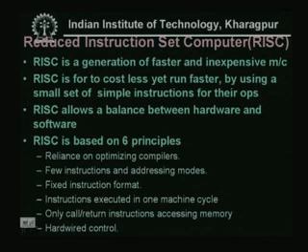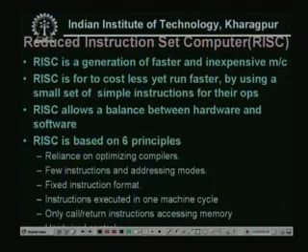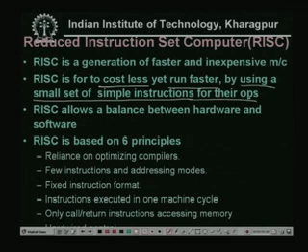This we can define as: RISC is a generation of faster and inexpensive machine. The main concept, the basic principle for the evolution of RISC, is that RISC is meant to cost less yet run faster. Now, at the cost of what? By using a small set of simple instructions for their operations.